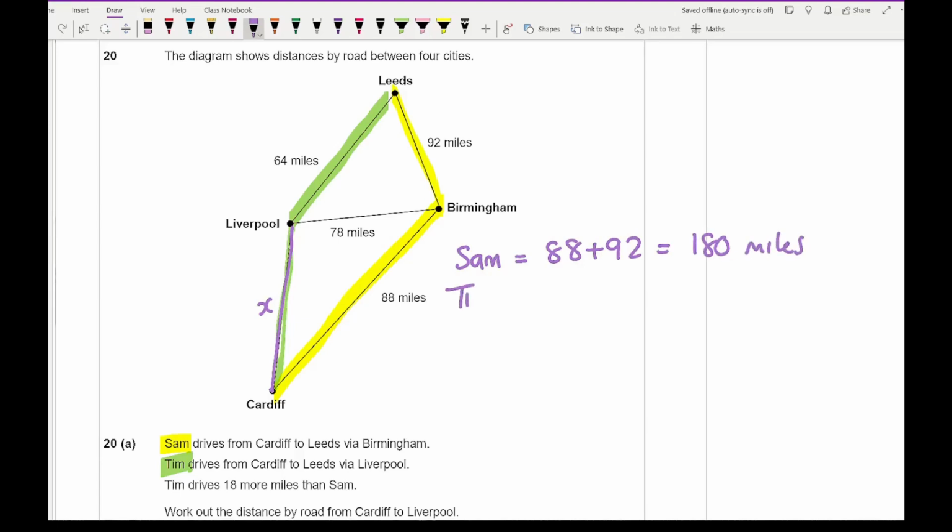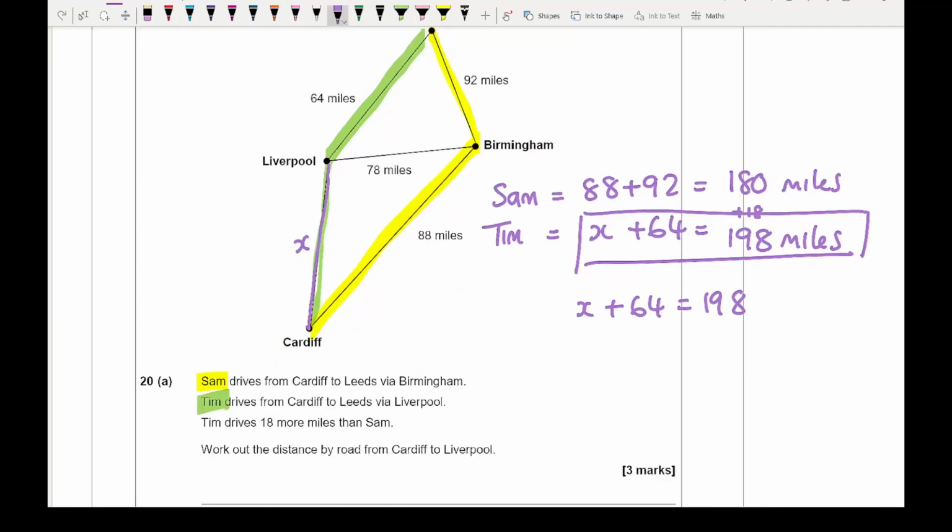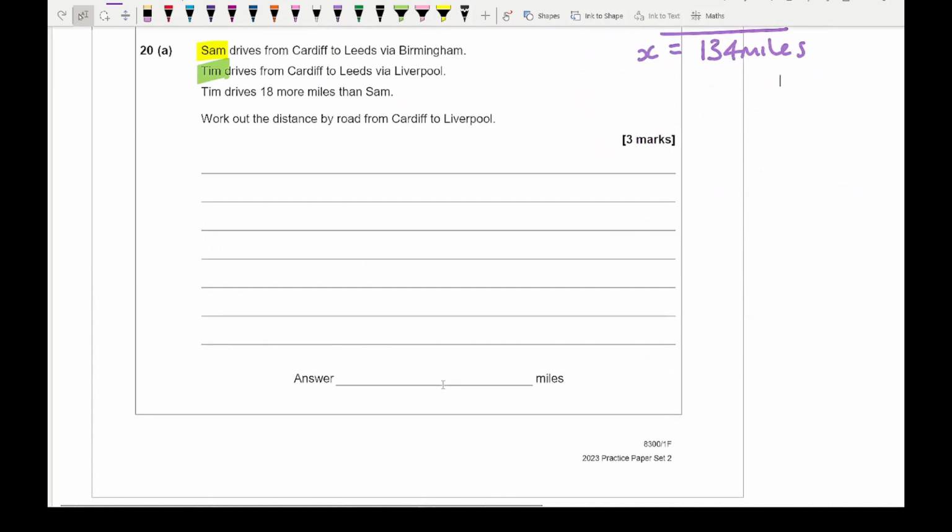Then for Tim, we know that he's going to travel x to get from Cardiff to Liverpool plus 64, and we know that that's 18 more than what Sam has travelled, so that's going to be 198 miles. And then all I need to do is take away the 64, which leaves me with an x value of 134 miles. And just need to put that in the answer space. And there we go.